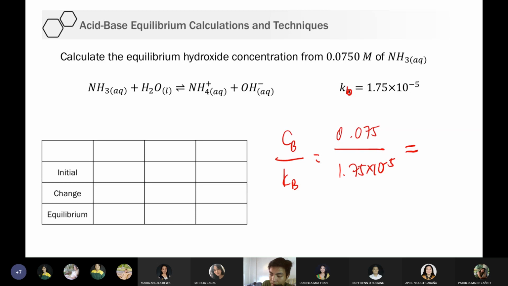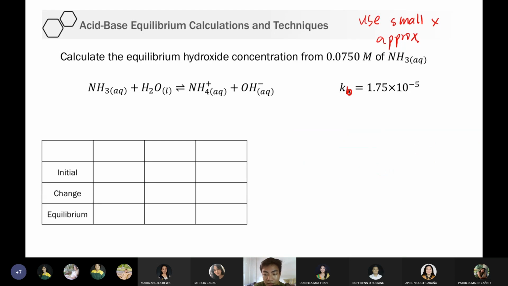So the ratio is 4,285, which is greater than 1,000. So qualified tayo. So you can use the small x approximation. Pwede tayo gumamit ng small x approximation. Okay?